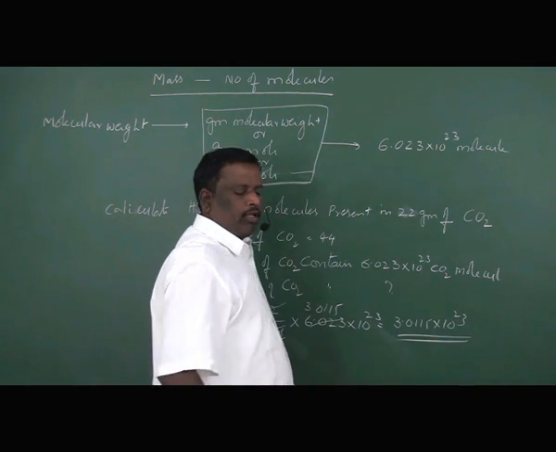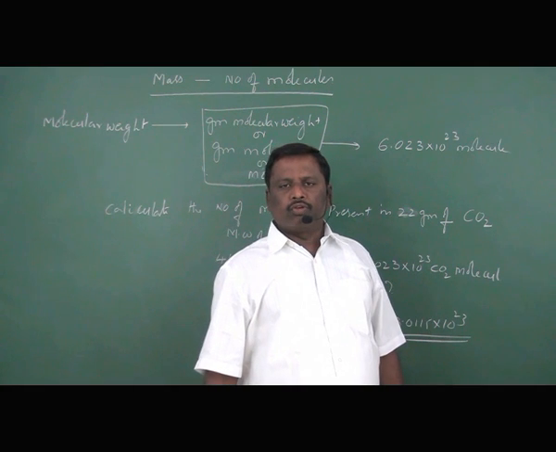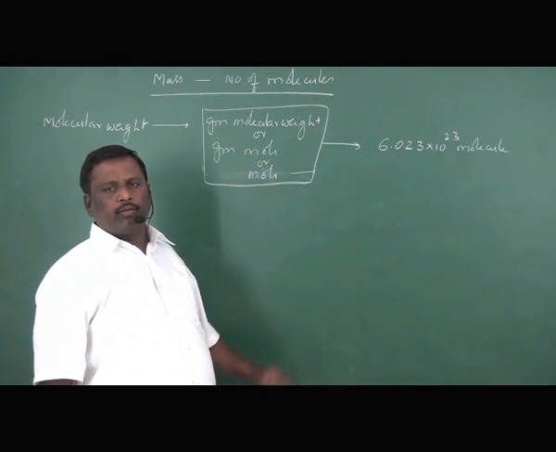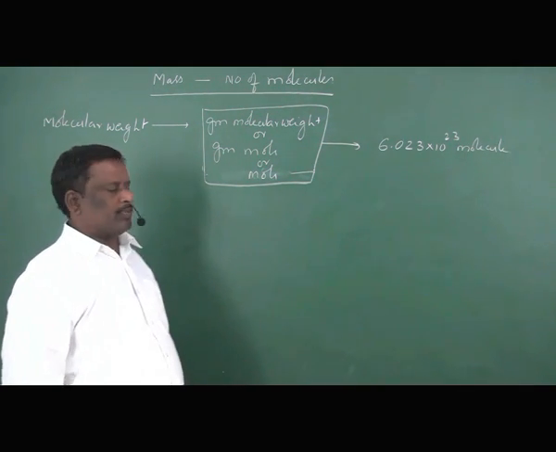So these are the number of molecules that are present in 22 grams of CO2. Now we are going to discuss the relationship between number of molecules and mass of the substance.